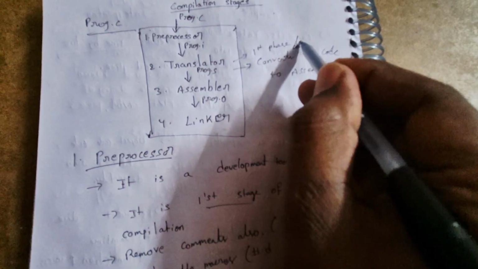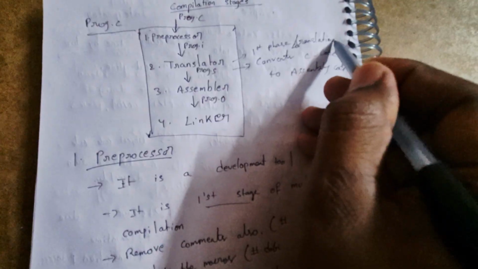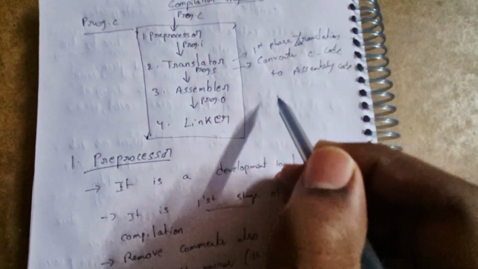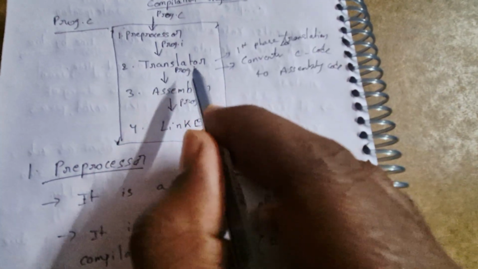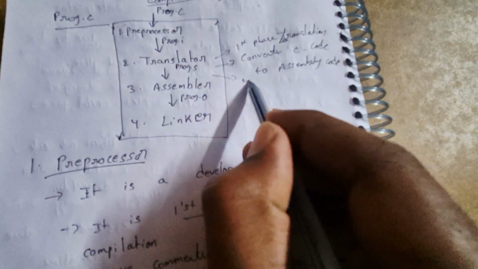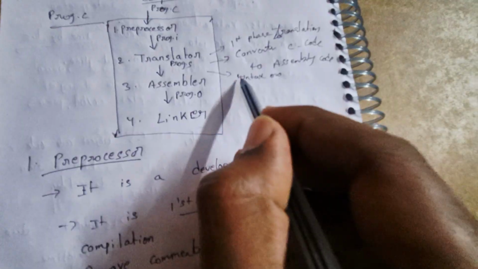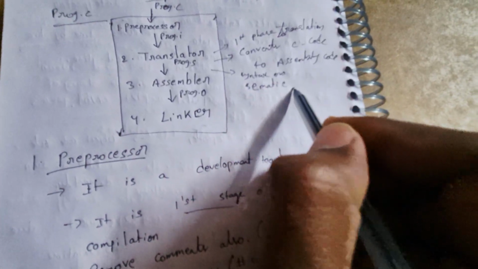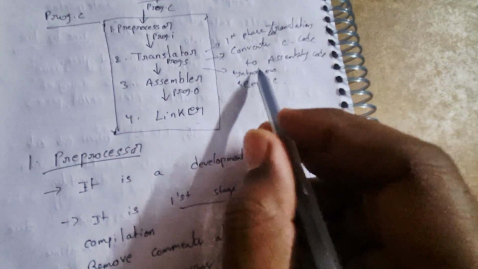Compilation means translation. And in this translator stage, it checks syntax errors or semantic errors, ensuring that the code follows the language's rules.